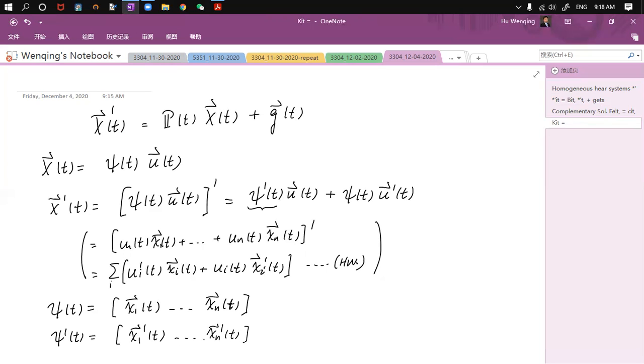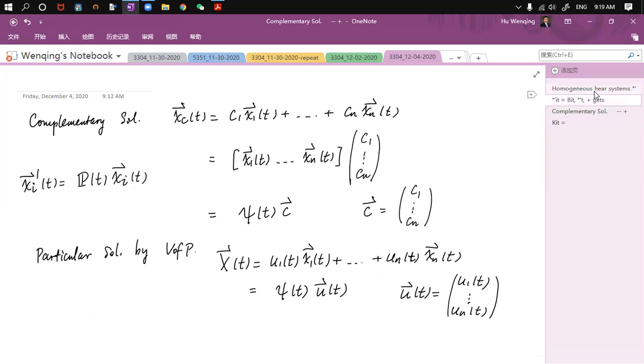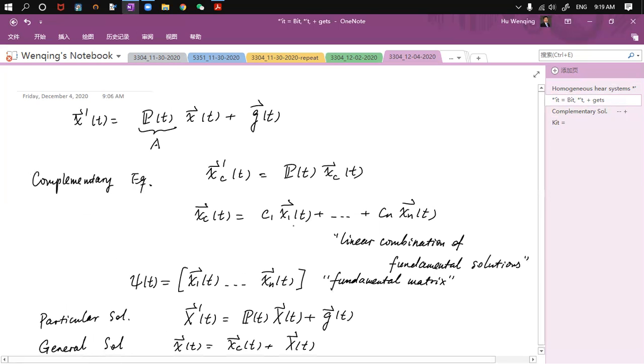Now, once you have something like this, remember these are the so-called fundamental solutions. What does it mean, a fundamental solution? It means that for each xi, you're going to have xi prime of t equal to p of t multiplied by xi of t. No matter which i you take, xi prime of t is equal to p(t) xi(t), because they must be solutions to the so-called complementary equation.